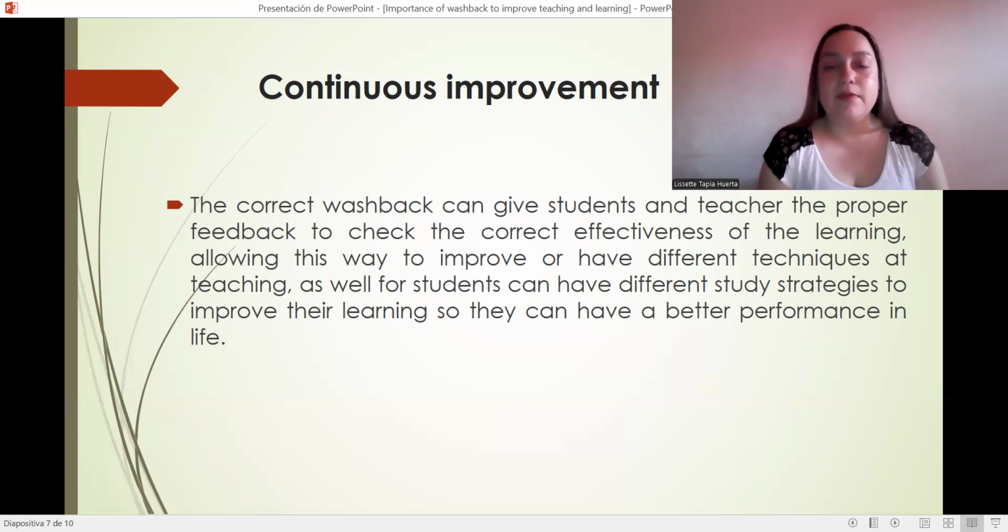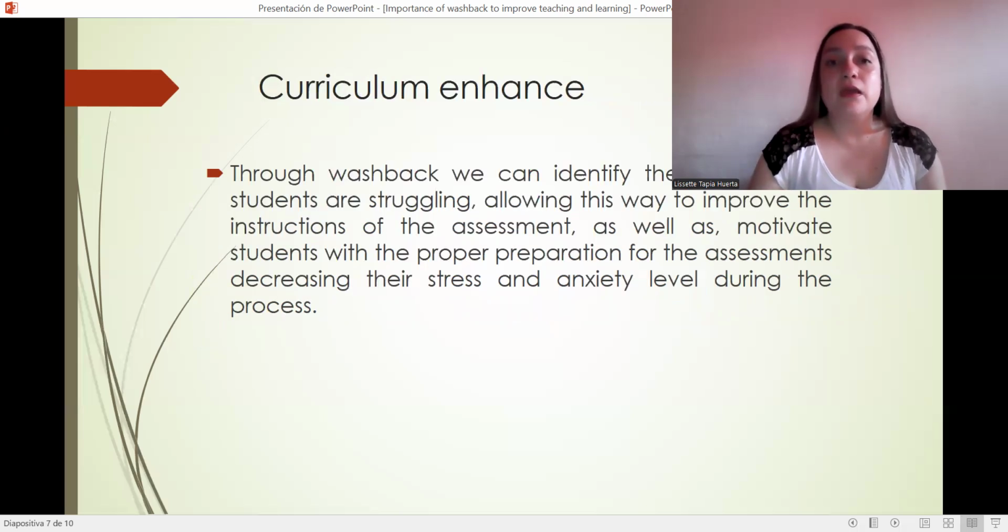For example, if they see that an assessment was too easy, and the teacher checked this also, we can use different techniques to take it to the next level, to challenge them to keep learning in different ways, to have different knowledge.